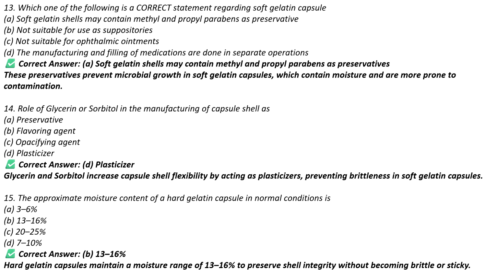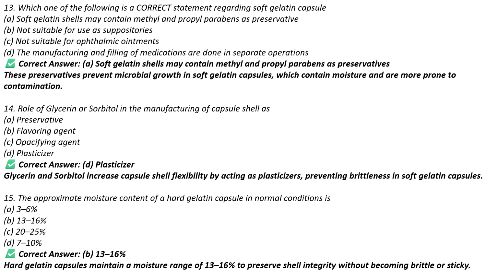Which one of the following is a correct statement regarding soft gelatin capsule? The options are: soft gelatin shells may contain methyl and propyl paraben as a preservative; not suitable for use as suppositories; not suitable for ophthalmic ointments; the manufacturing and the filling of medication are done in separate operations.